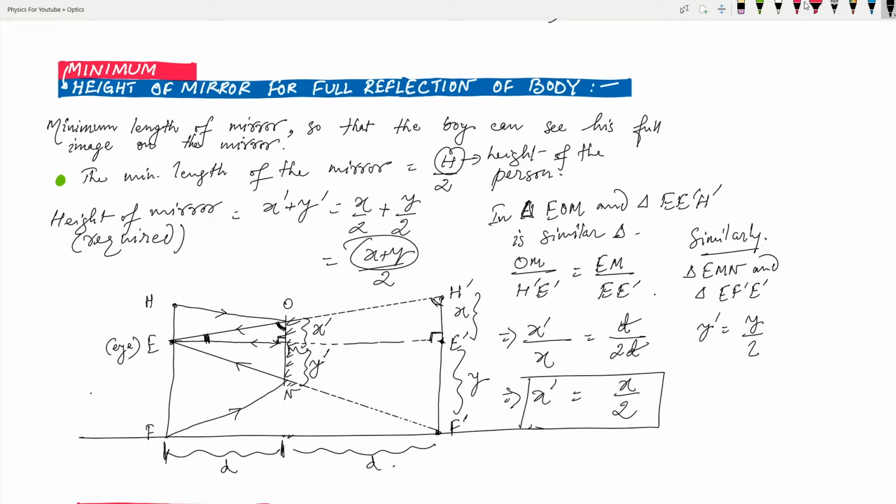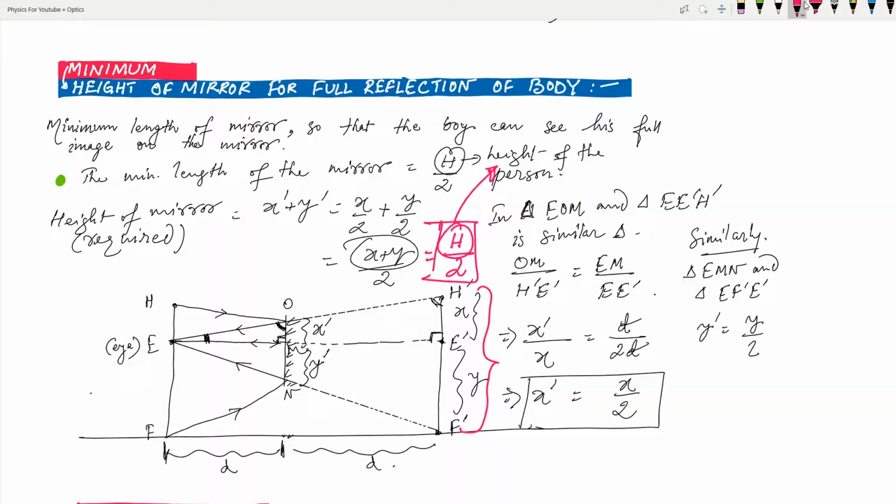Now what is X plus Y? That is the height of the object, isn't it? So you can directly say that it is H by 2, where H is the height of the person. Simple. I hope now the concept is clear. I have given this proof just to make things more clear so that you have a good idea of ray diagram. Okay, I hope the concept is clear.